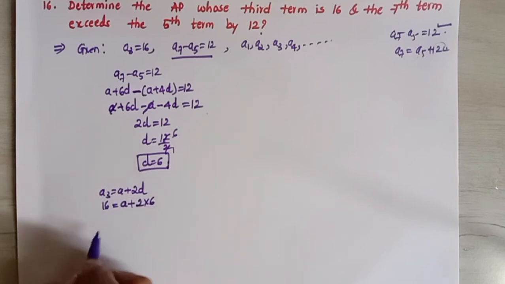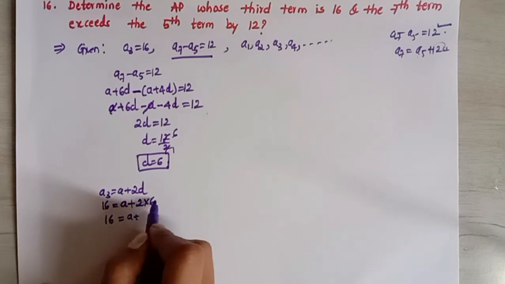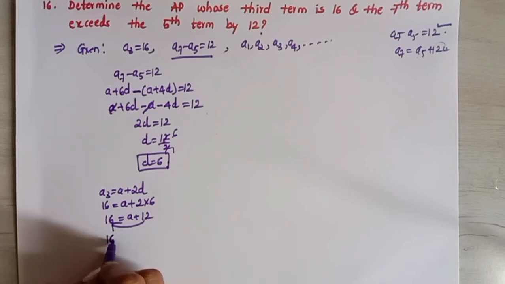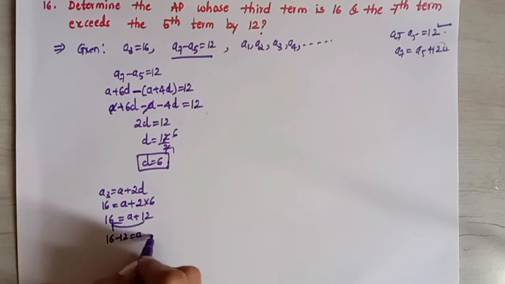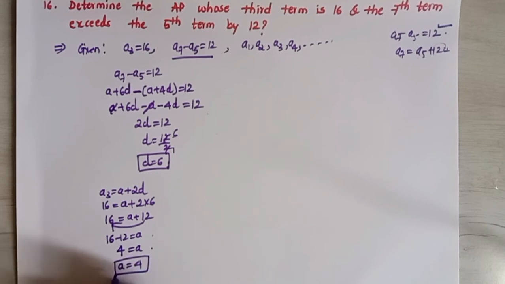D is 6. So 16 equals A plus 2 into 6 is 12. So let us take this 12 to the left hand side. So this will be minus 12. 16 minus 12 equals A. So what is 16 minus 12? It is 4, equal to A. Therefore A is 4, right?